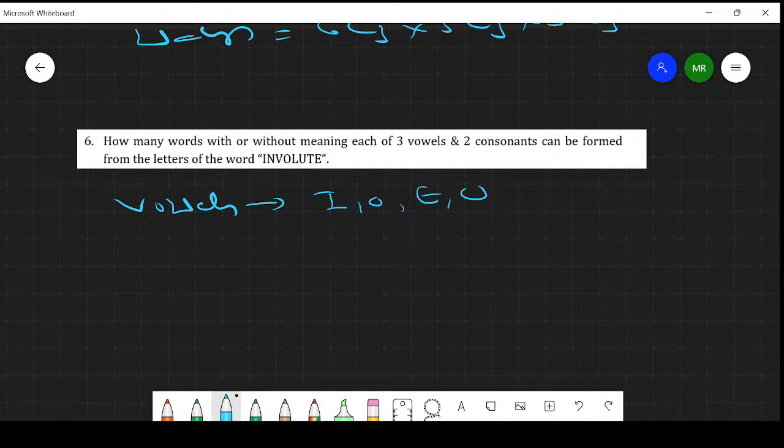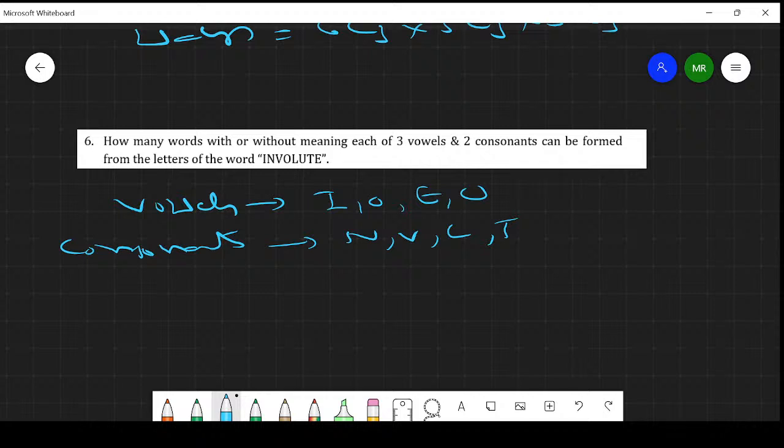And we have 4 consonants: N, V, L and T. In total we have 8 letters, of which 4 are vowels and 4 are consonants.